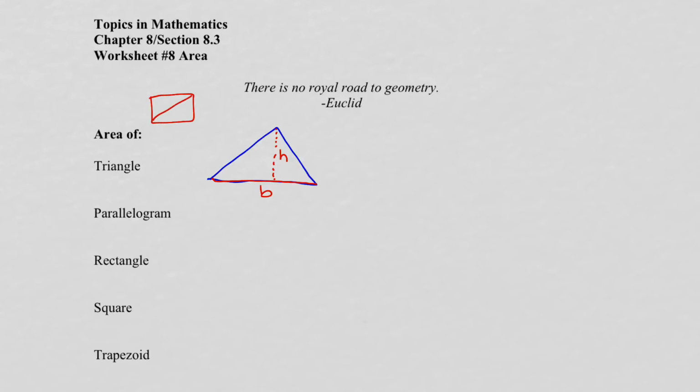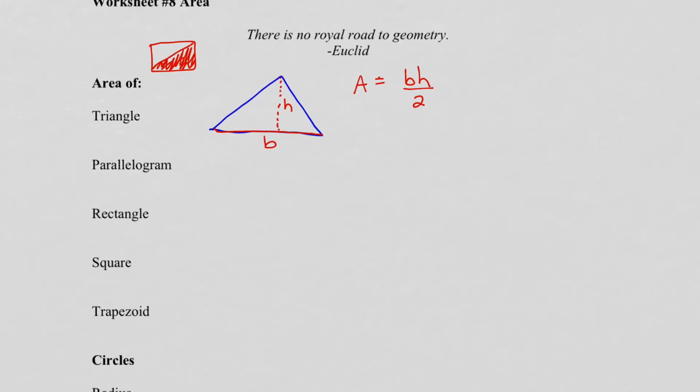Okay, so the area of a rectangle is, we know that it's base times height, or length times width, same thing, but it's half of that. Okay, so a triangle would be half of that, so that's why we divided by 2. Okay, then we go to the parallelogram.